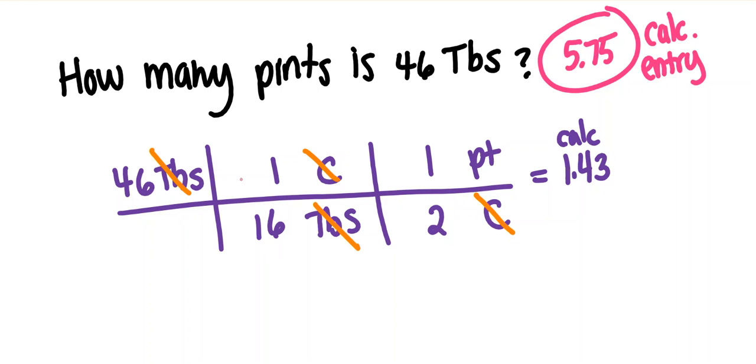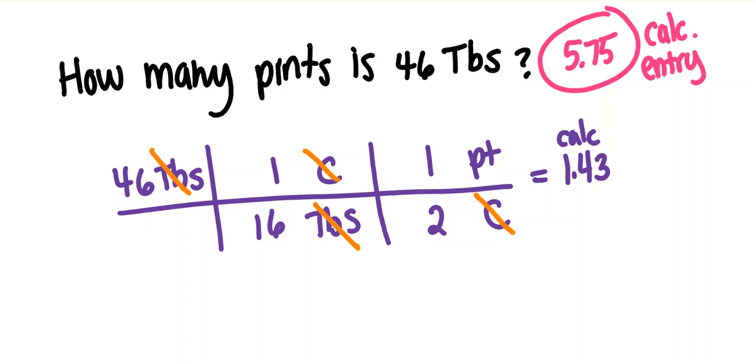So 46 divided by 16, and then you need to make sure that you're dividing by this 2. In other words, on my calculator, I enter 46 divide 16 divide 2. On some calculators, it doesn't work that way. It kind of depends. So try both ways, and make sure you can get my answer, and then you know how it works for your calculator.